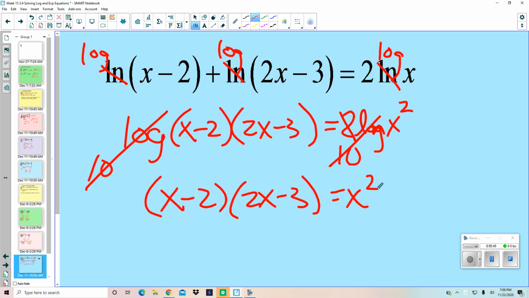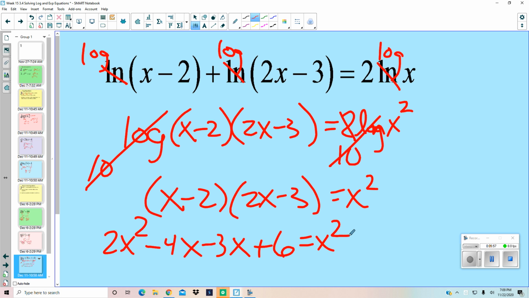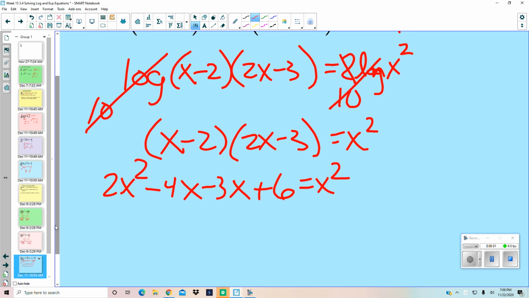I'm going to FOIL this together, so I get 2x squared minus 4x minus 3x plus 6. It's a quadratic now, so I'm going to put the x squareds on both sides, or move everything to the left side.